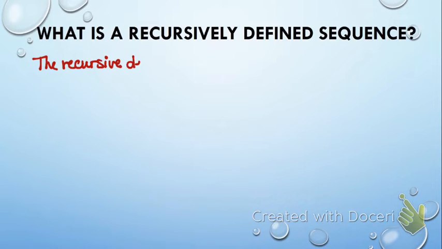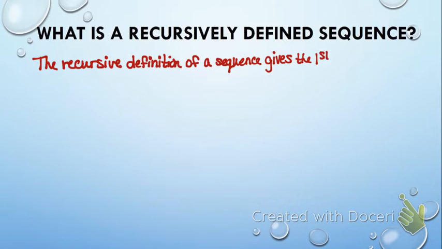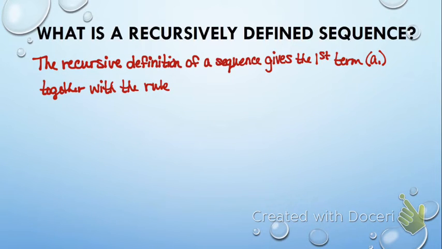The recursive definition of a sequence gives the first term, so A1, together with the rule to obtain any term from the preceding term.